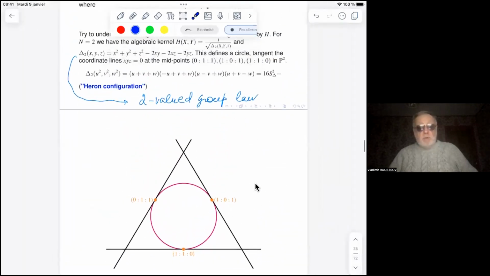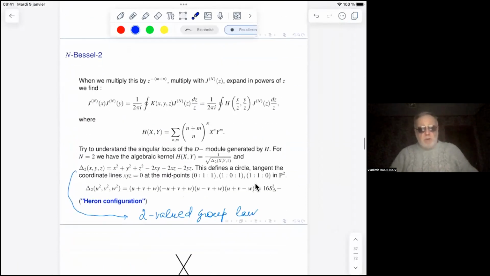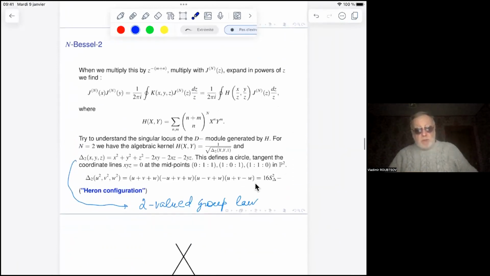and these interesting combinatorial problems are also related to my kernels and my polynomials. For example, this polynomial, which I mentioned a few minutes ago, defines the so-called singular locus of the kernel D-module, and it has a very beautiful geometric property. It can be factorized after a proper change of coordinates.